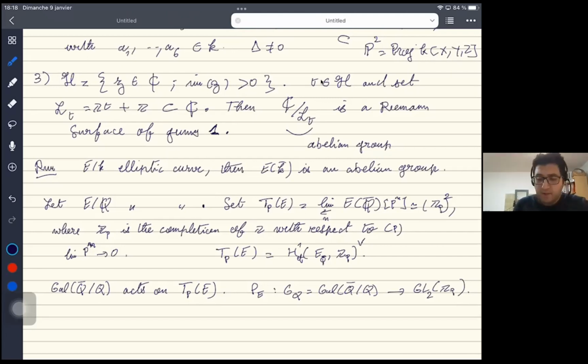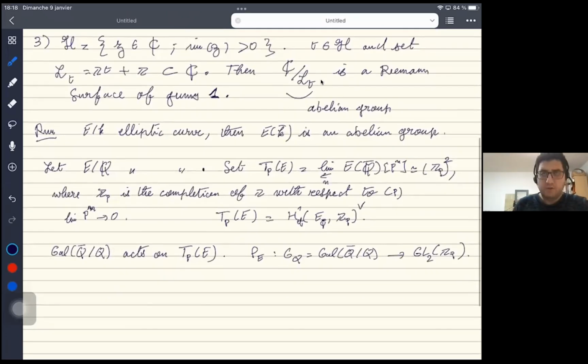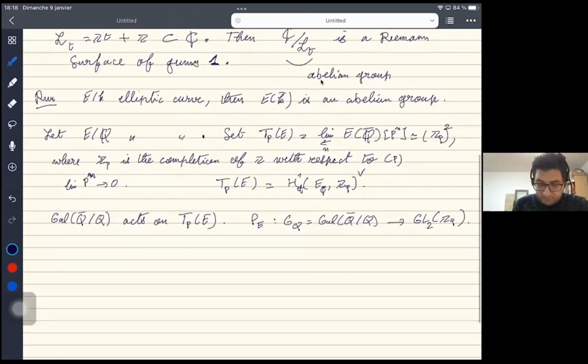And this representation has many interesting properties. I cannot list them, but they come from the world of p-adic Hodge theory, which is somehow analogous to the complex Hodge theory. And I want to highlight also something which is quite important.